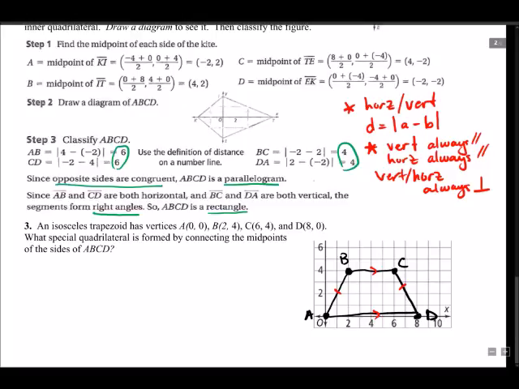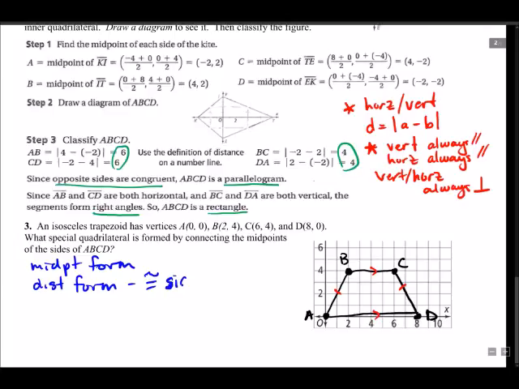So number 1, we would use the midpoint formula to find the midpoints. And then we would use the distance formula to show congruent sides or diagonals.